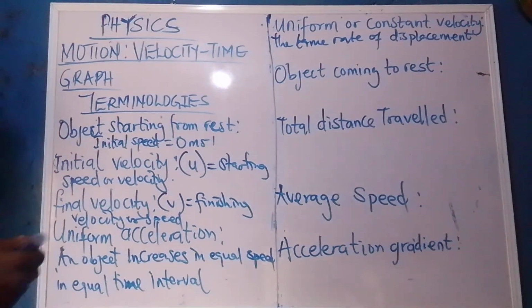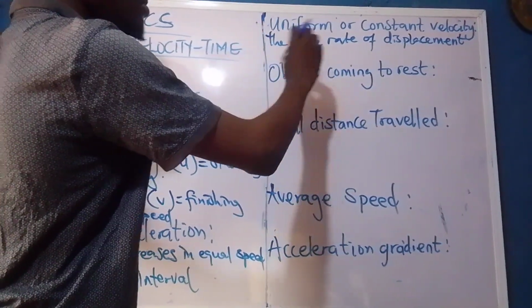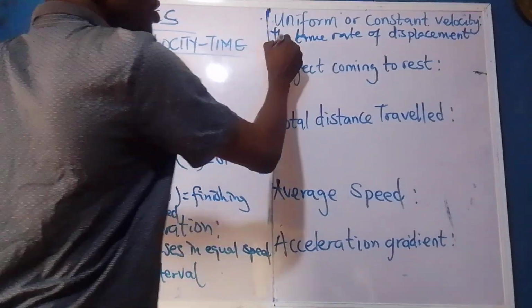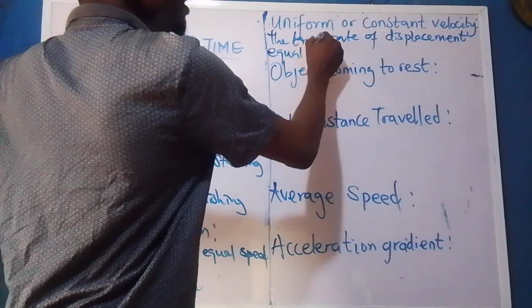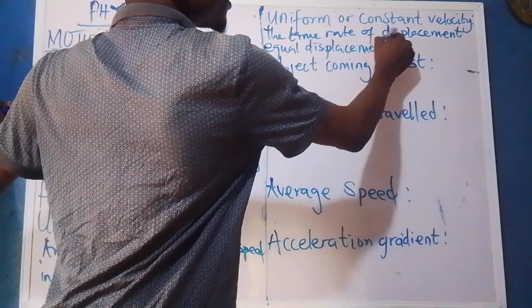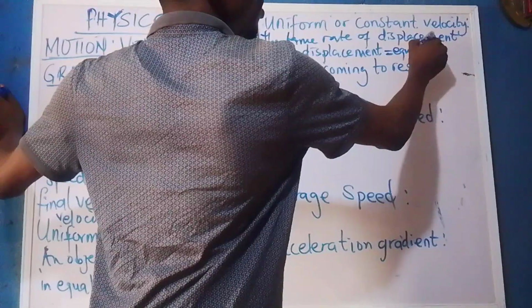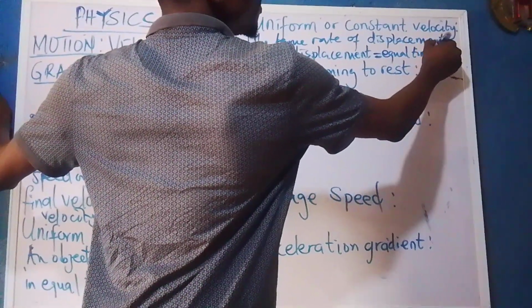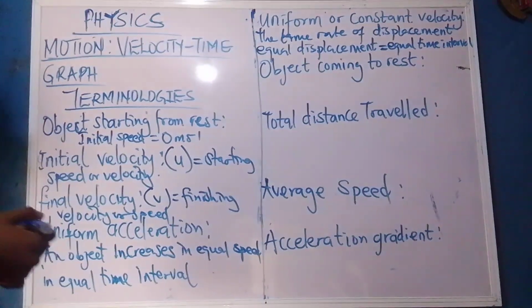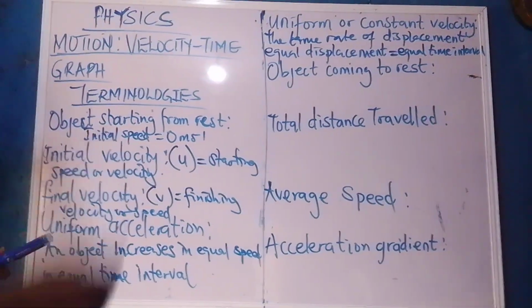At this place, the object does not change its displacement rate with time. It maintains the same displacement in equal time intervals. That's what uniform or constant velocity means.